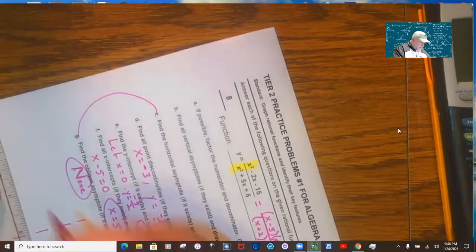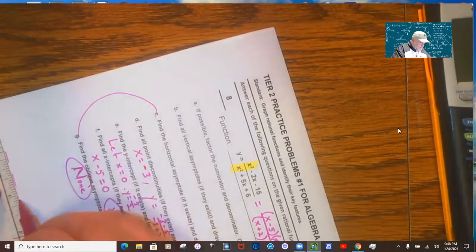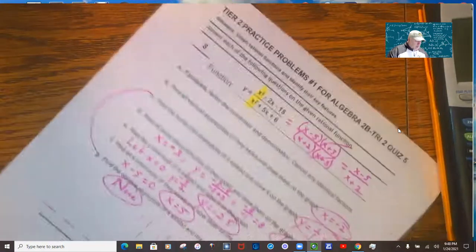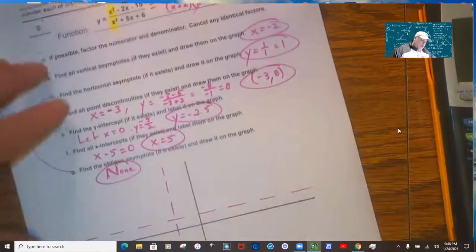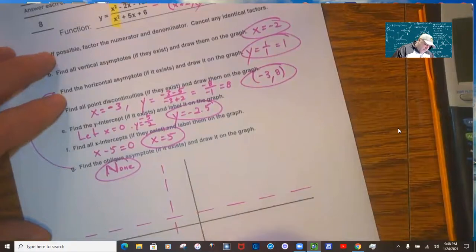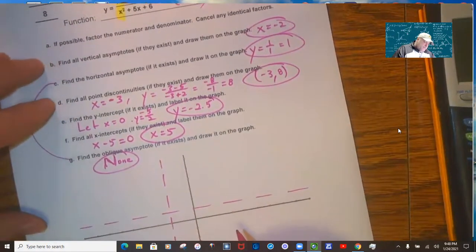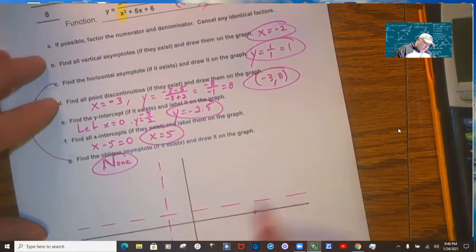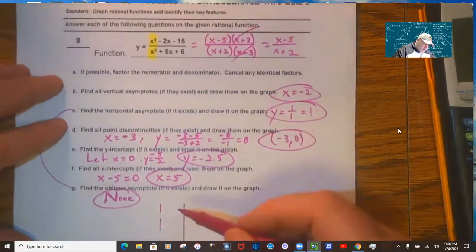And then 1 is our horizontal asymptote. Okay, -2.5 is the y-intercept. X-intercept is 5. And the point discontinuity, -3, 8. 3, 4, 5, 6, 7, 8.